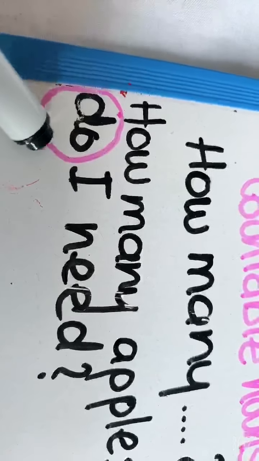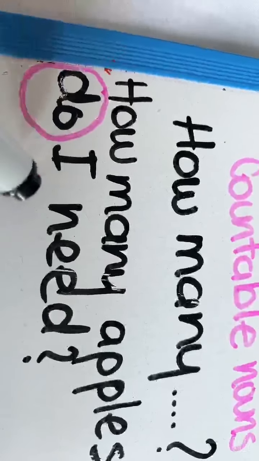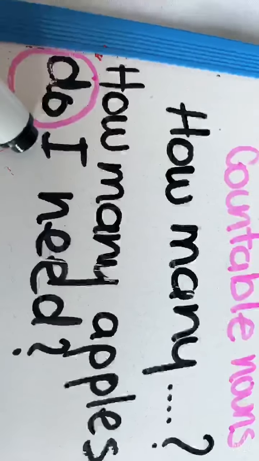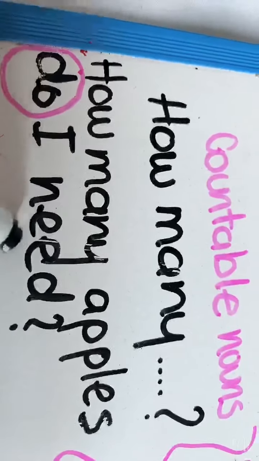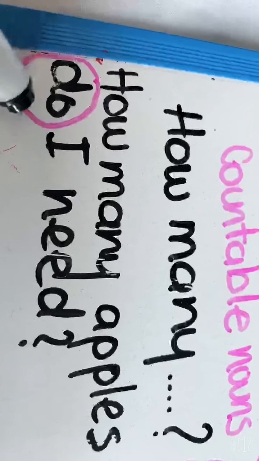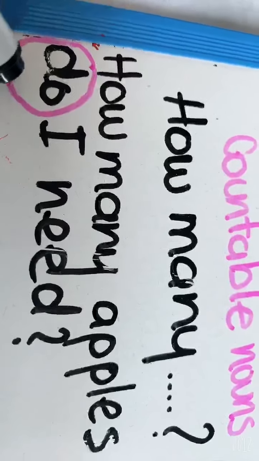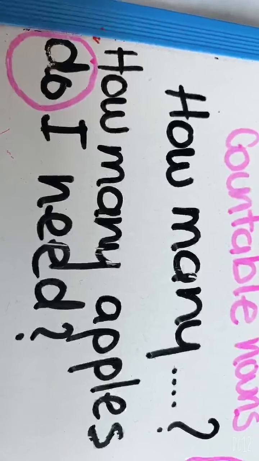Then we are gonna have an auxiliary, do, in this case, a subject, I, and a verb, need. This auxiliary can be different in all the sentences depending on what we are willing to ask.